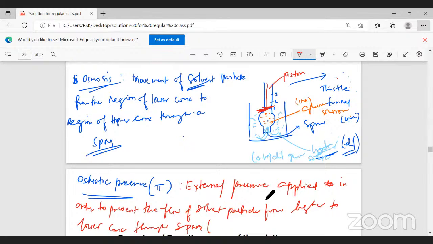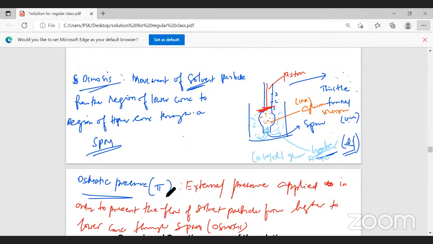Or we can write: external pressure applied in order to prevent osmosis is called osmotic pressure. So osmotic pressure, what letter do we represent it by?